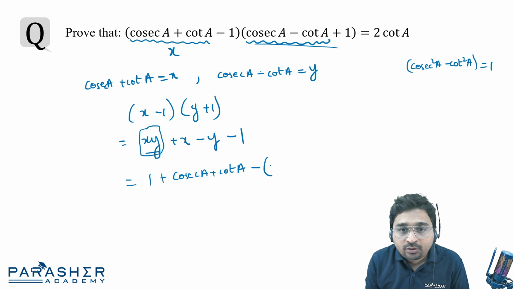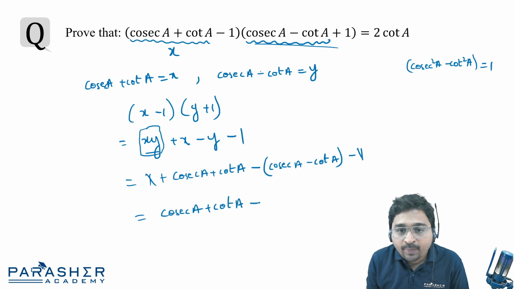Minus, be careful with the bracket and the minus sign, minus 1. 1 minus 1 will be 0. So that will go. And what remains is cosecant A plus cot A minus cosecant A plus cot A. Not minus cot A, plus cot A, because minus into minus is plus, distributive property.